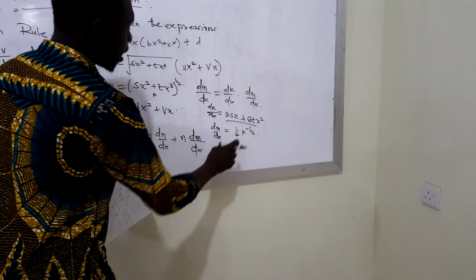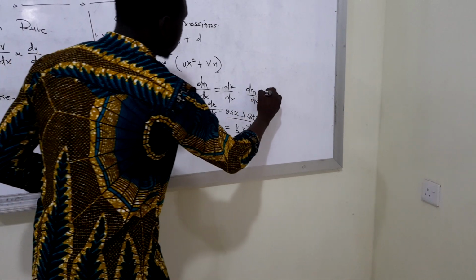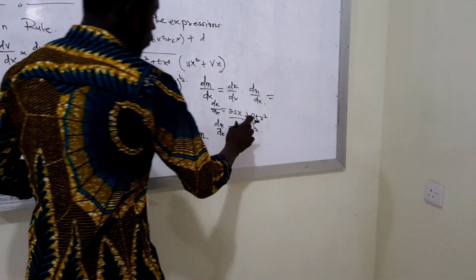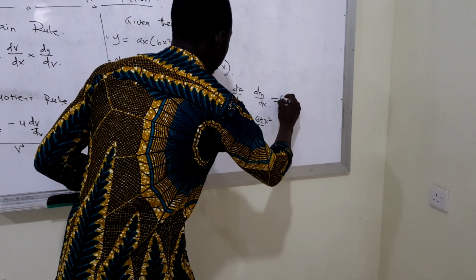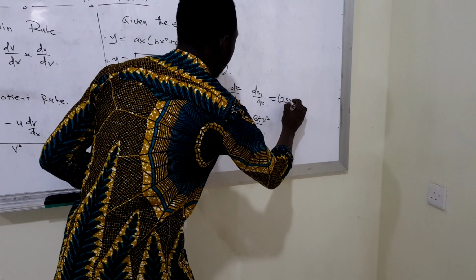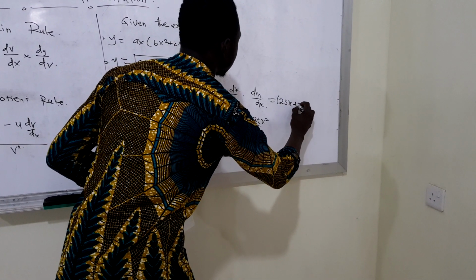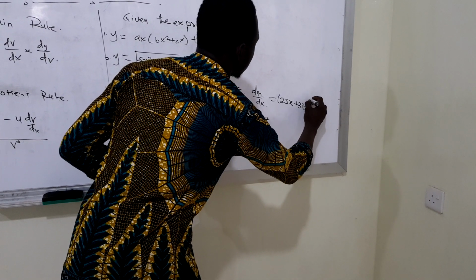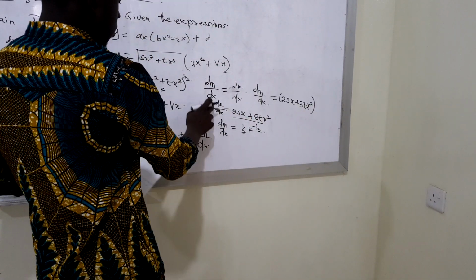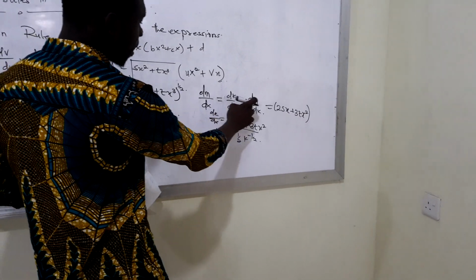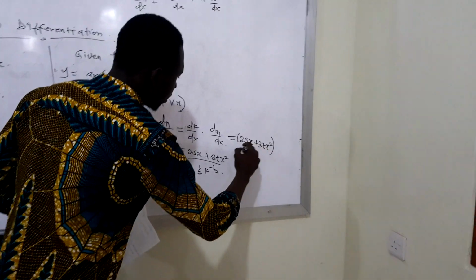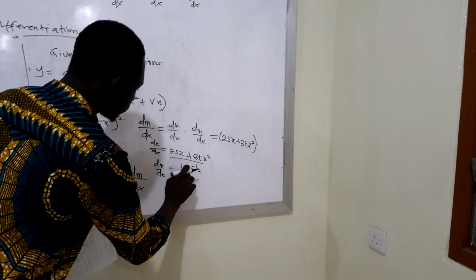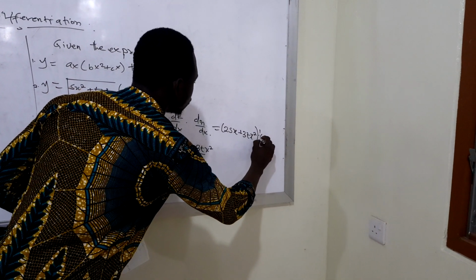So finally, I'm going to multiply this by this. So I'm going to get the expression 2sx plus 3tx squared. That is dk dx multiplied by dm dk. And with dm dk, it is 1 on 2.